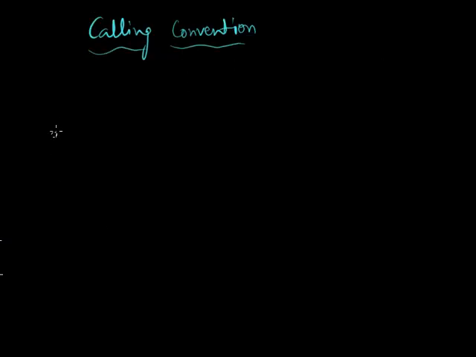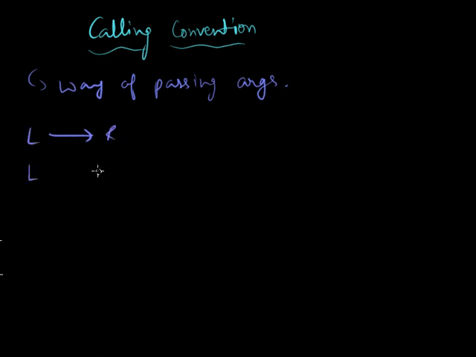Okay, let us move on to calling conventions now. The calling convention of a function is nothing but a way of passing arguments. Sometimes you can pass the arguments from left to right, or sometimes from right to left.